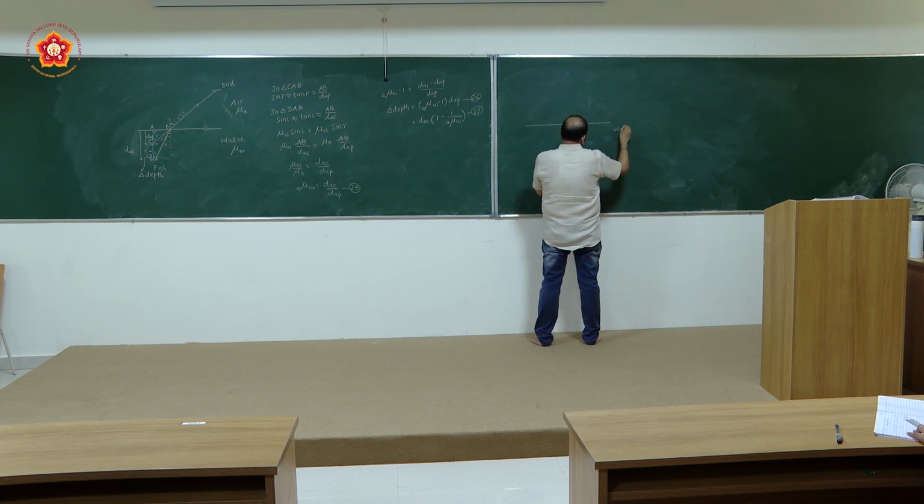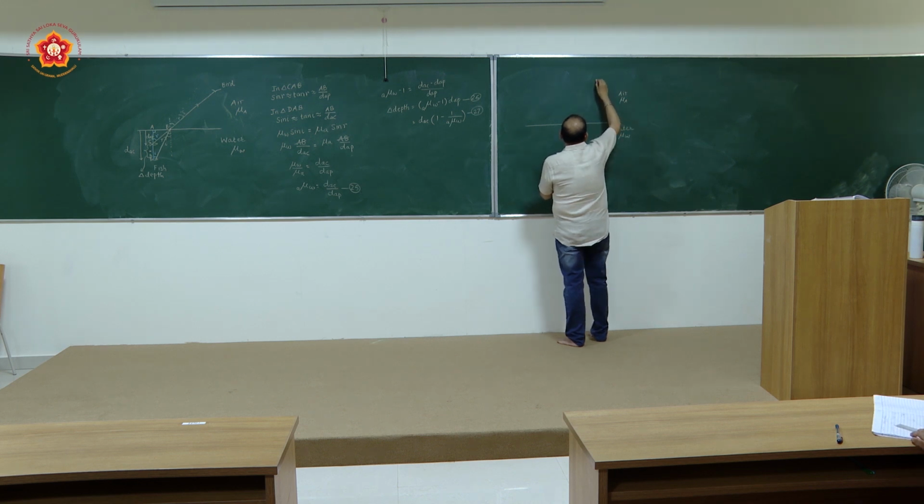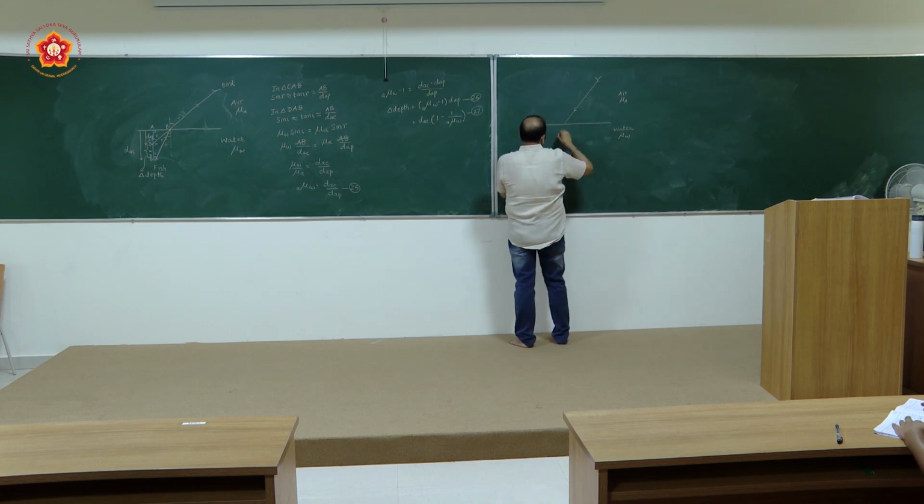You are having water with refractive index mu w and you are having air present here with a refractive index mu a. The bird would be appearing to you like this. The ray of light will be traveling from the bird in this direction. It will be incident on the boundary of the medium of air and water.